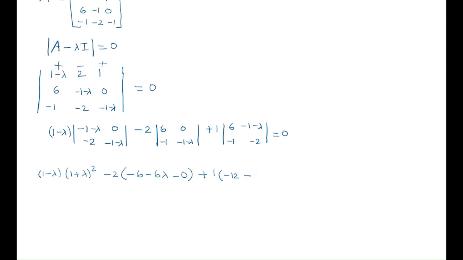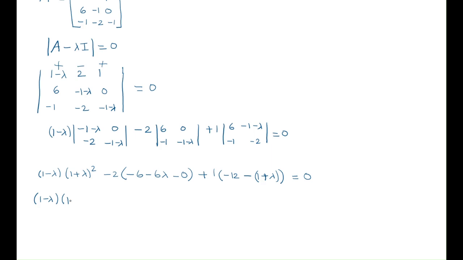So it is 1 plus lambda within the parenthesis. Notice that this minus is common for both. If we do it carefully, we will not make a mistake. Okay, so this is 0. Now 1 minus lambda multiplied with 1 plus lambda squared.